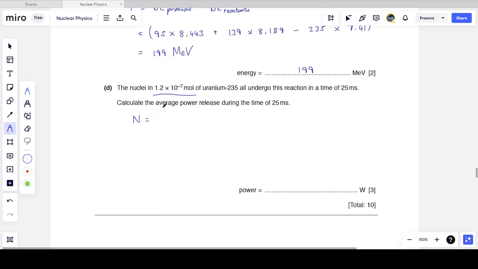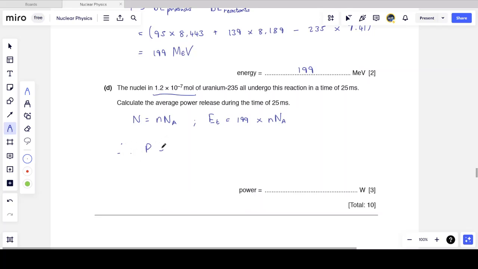Number of nuclei, N, is the number of moles, little n, times Avogadro's number, Na. And the total energy, I'll call it ET, will be 199 multiplied by this number. So it is the energy that we calculated before for a single nucleus times the total number of nuclei.